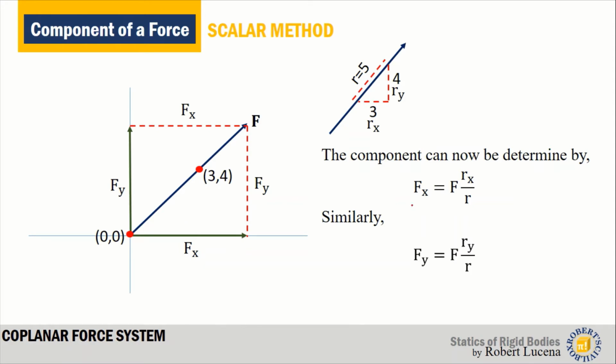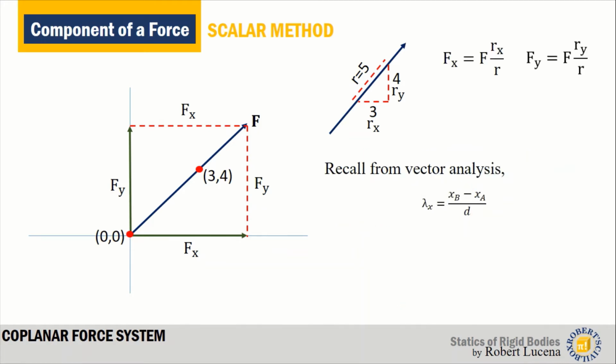To get the x component, multiply the magnitude of the force by Rx divided by R. For Fy, again multiply the magnitude F by Ry divided by R. It also applies to the z-axis, where Fz would be F times Rz over R.